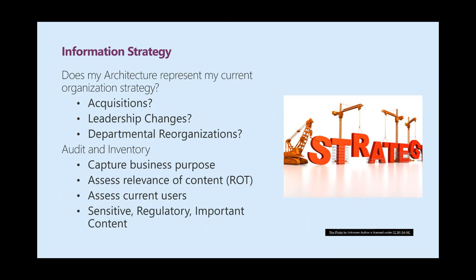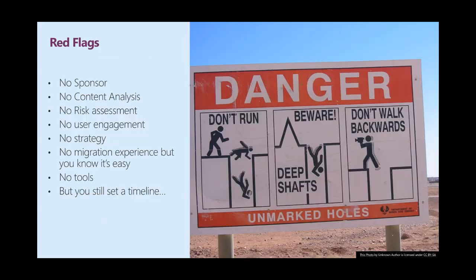You have to be aware of what's going on, because otherwise you're planning an IT change and there are more changes coming. So you have to make sure to know more about the future to create a future-proof strategy with your tenant migration. And you should stop migrating right now if you see these kind of red flags.